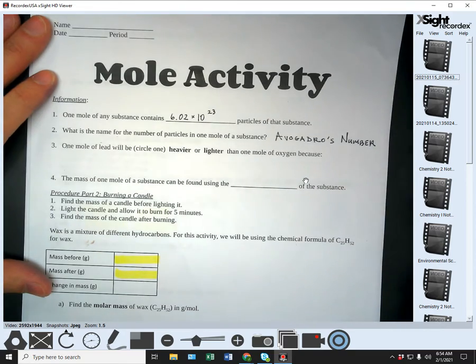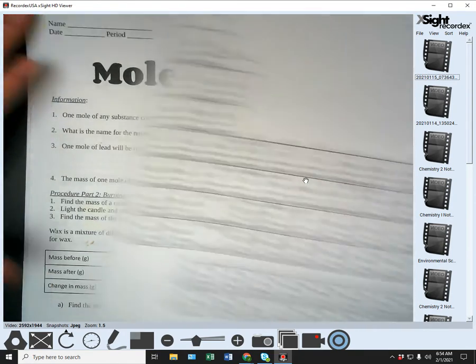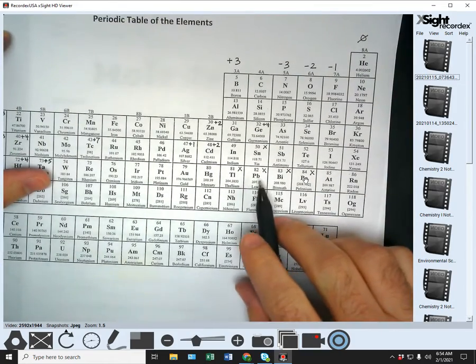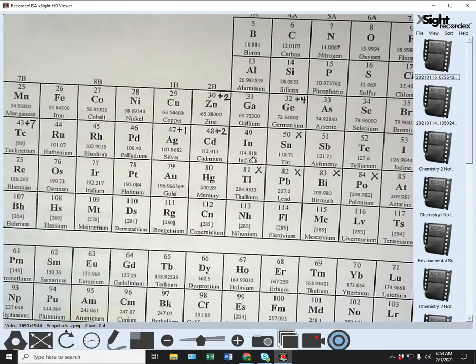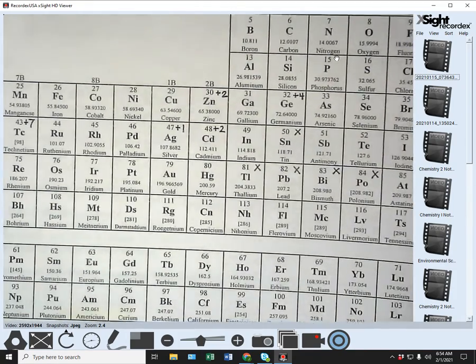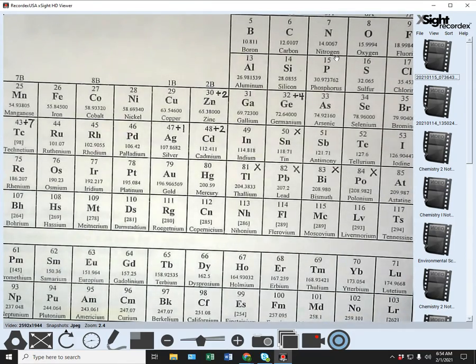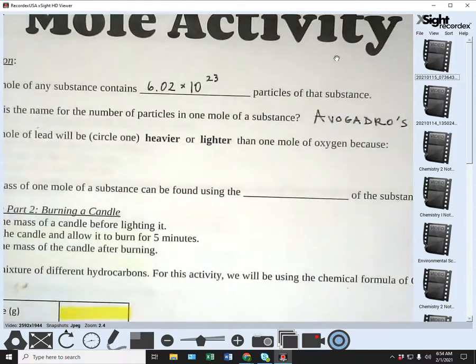All right, 1 mole of lead will be heavier or lighter than 1 mole of oxygen because, so if we look up lead on the periodic table, Pb here, you'll see that the mass is 207.2, whereas oxygen is 16. So remember, 1 mole is equal to the molar mass, or in the case of if it's just an element, it would be equal to the atomic mass there.